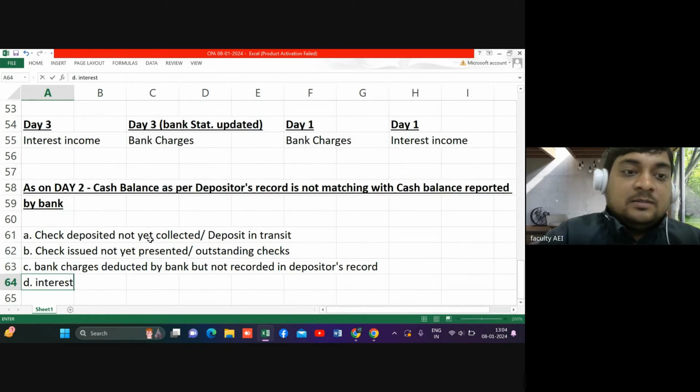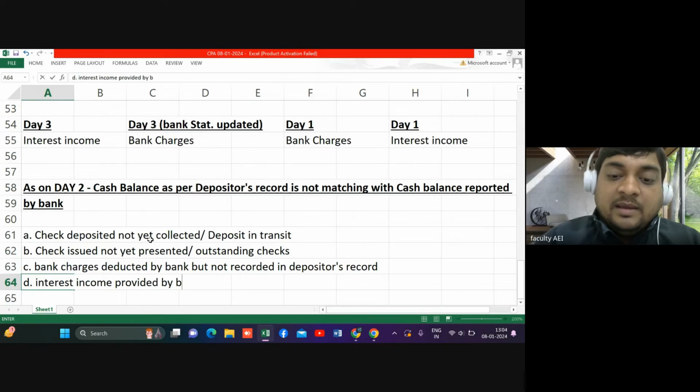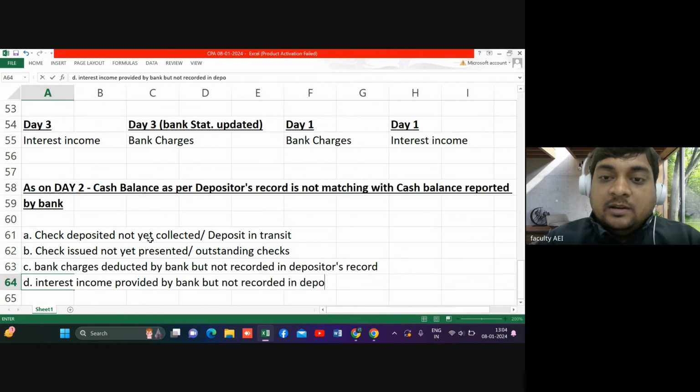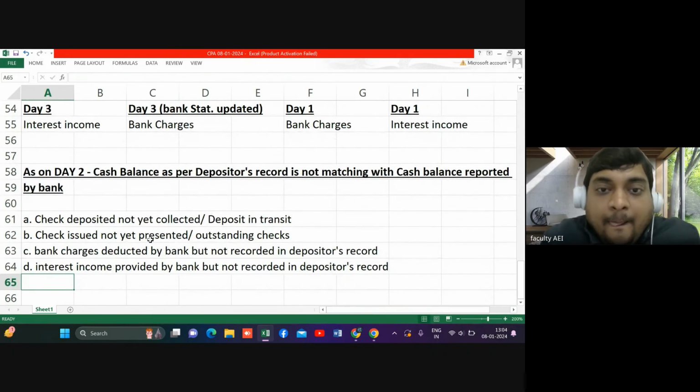And interest income provided by bank, but not recorded in depositor's record. Right.